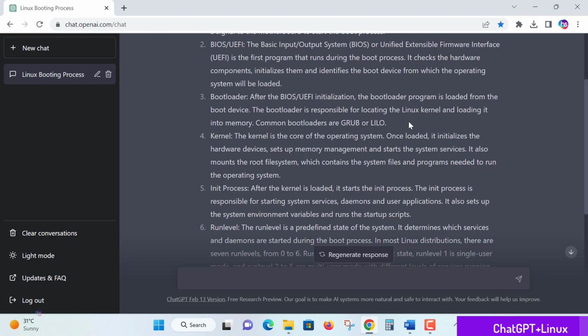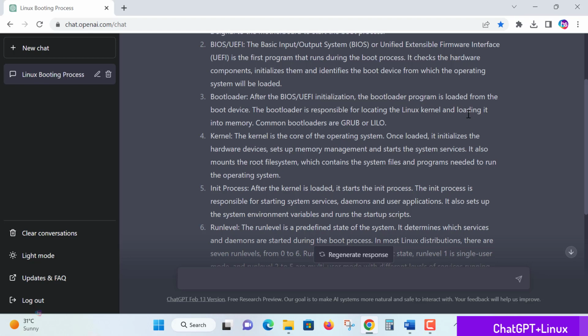The bootloader is responsible for locating the Linux kernel and loading it into memory. Common bootloaders are GRUB and LILO. If you are asked what the bootloaders in Linux are, you can simply say that GRUB and LILO are the bootloaders.